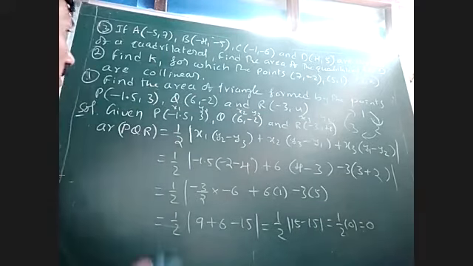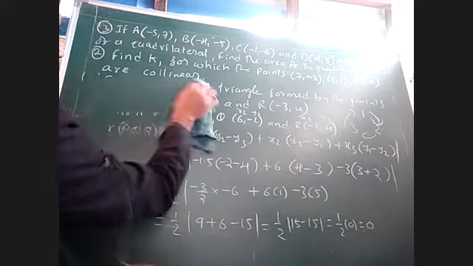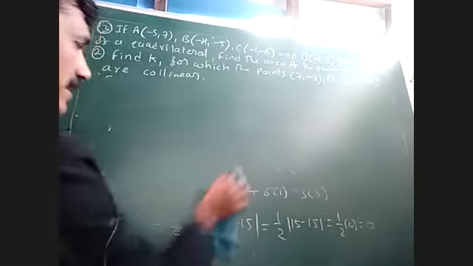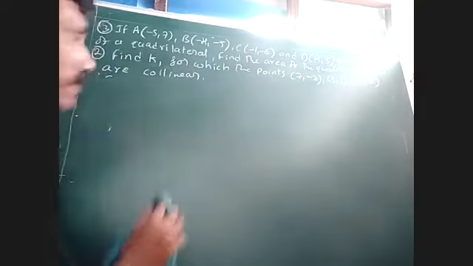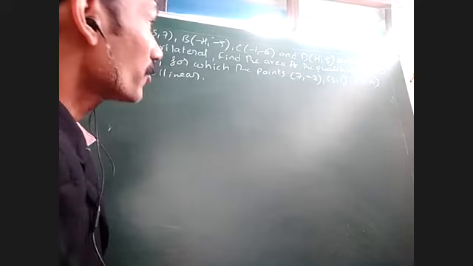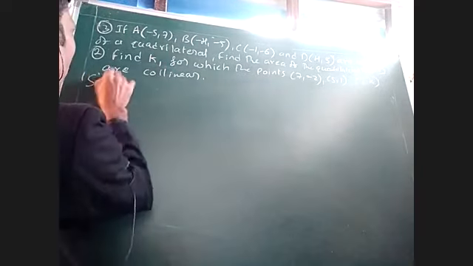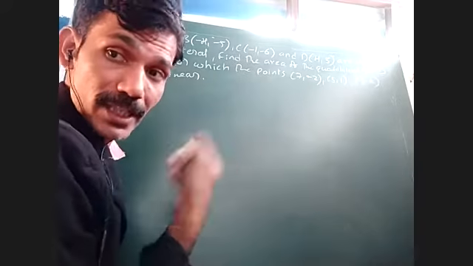Second question we'll see. Find the value of k for which the points (7, -2), (5, 1) and (3, k) are collinear. They are telling the points are collinear, that means the area you have to take as 0.